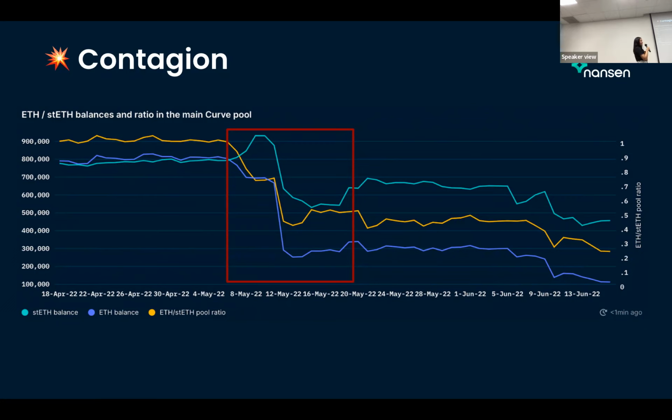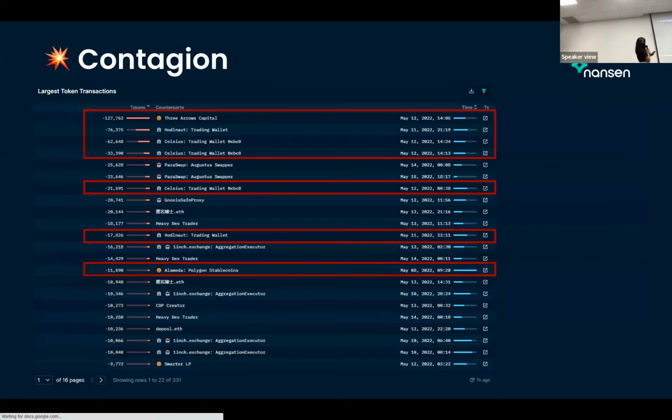When everything fell apart, people started withdrawing, and that caused the imbalance. The line was pretty even for stETH and ETH, but since the UST depeg, the balance never really recovered.